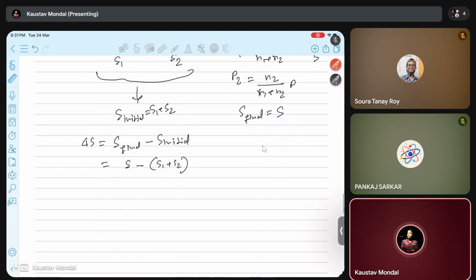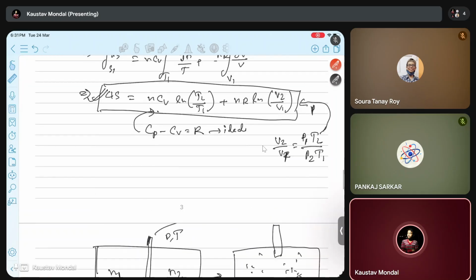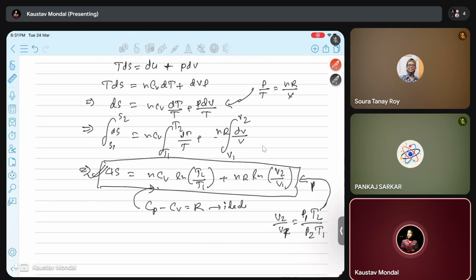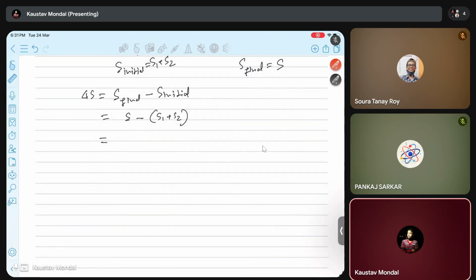If you calculate the final entropy S using this formula, the general form of change in entropy, and do all the calculation, you will get delta S as N1 R ln P by P1 plus N2 R ln P by P2.